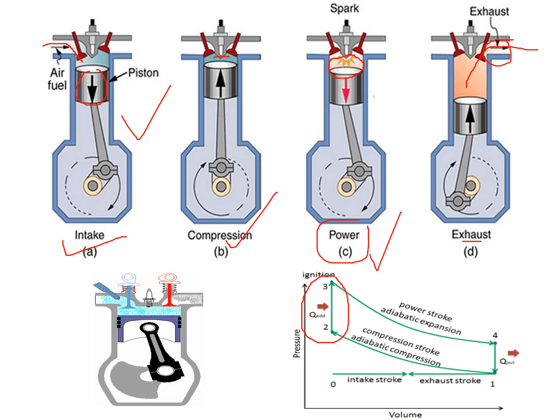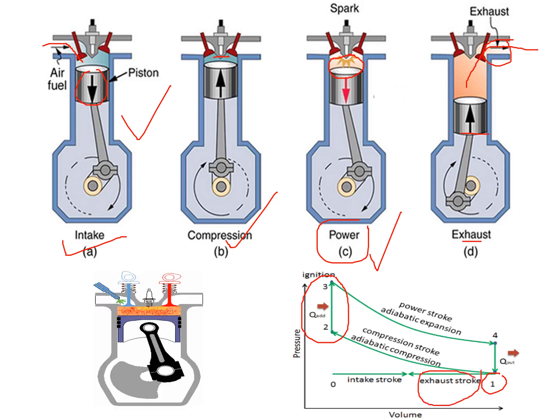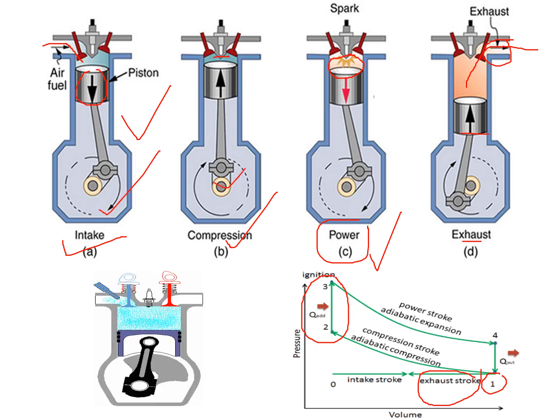When the piston is just at the BDC, the exhaust valve opens, so we have a little drop of the pressure to the atmospheric pressure, and when the piston moves from BDC to TDC, then we have the exhaust stroke.